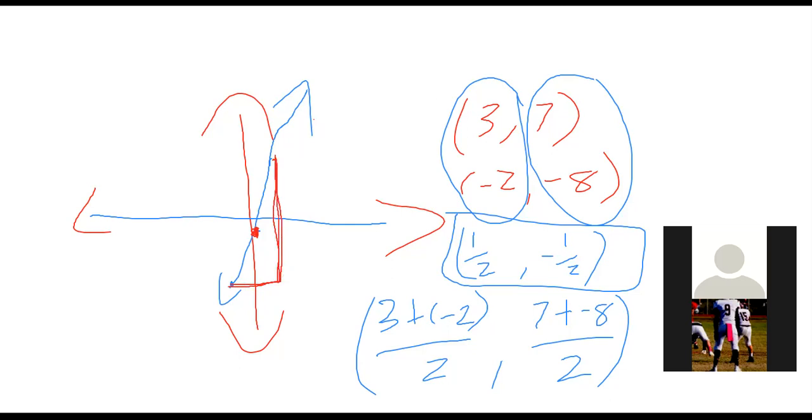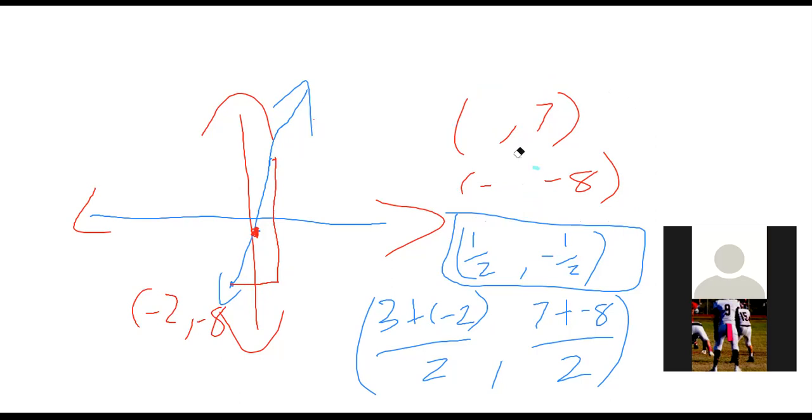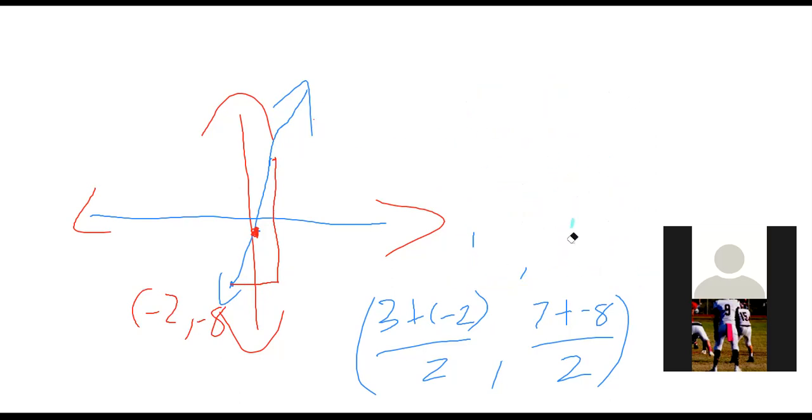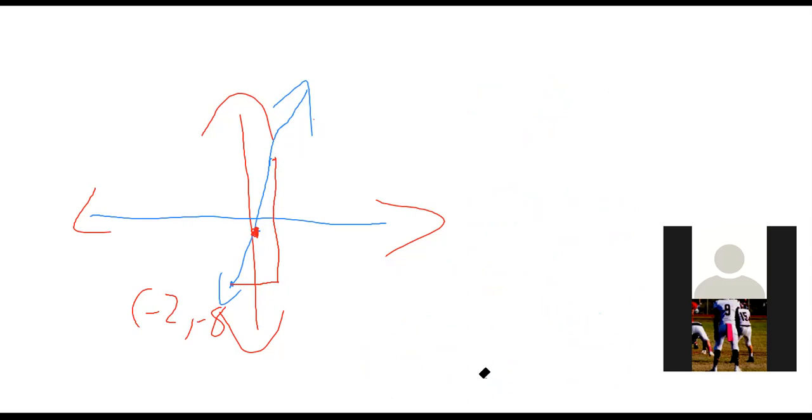In other words, remember that this is -2 and -8, and on this other side, we have 3 and 7.